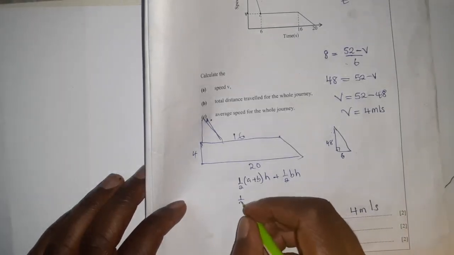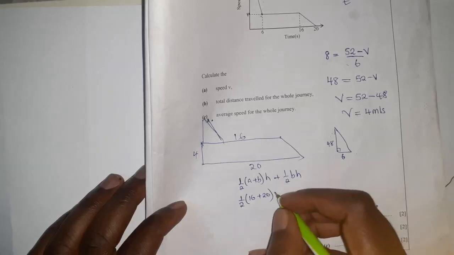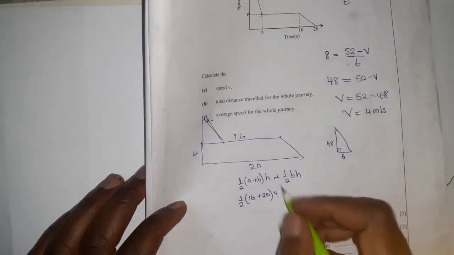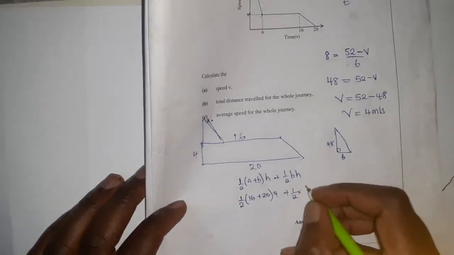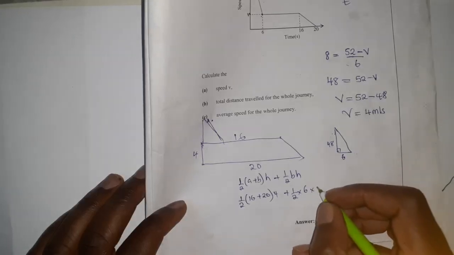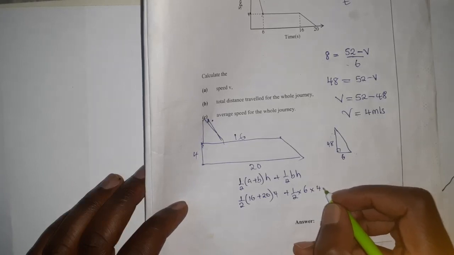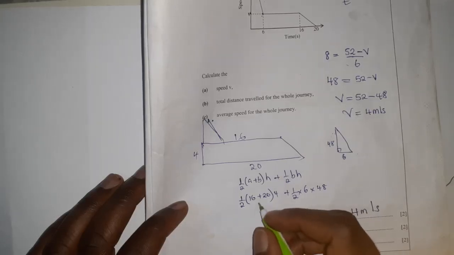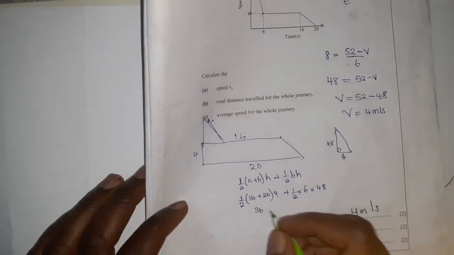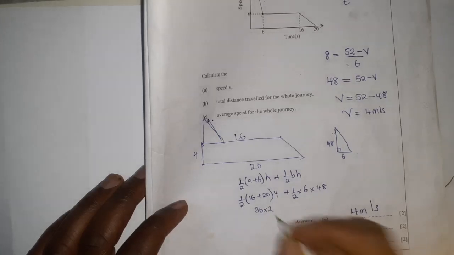So 1/2, the parallel sides here we've got 16 and 20, multiplied by 4, which is the height, plus 1/2 multiplied by the base, which is 6, multiplied by 48, which is the height. Here we add what is in the brackets. What do we get? We get 36. And this 4 can be divided by 2. What are we going to get? We're going to get 2.